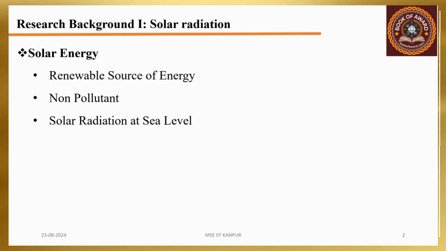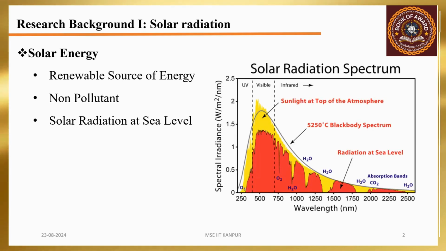When solar radiation passes through the atmosphere, due to scattering and absorption by dust particles and small molecules like water, carbon dioxide, and oxygen, the intensity of solar radiation is reduced and we only get 1000 watt per meter square at sea level, which is also called the AM1.5G solar radiation.